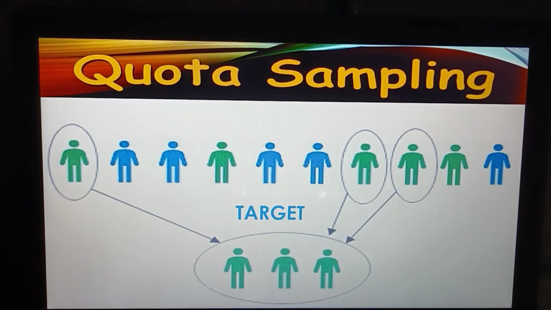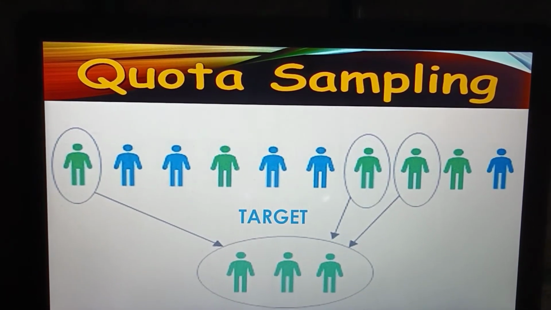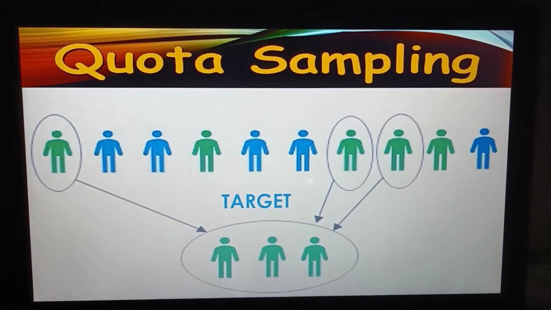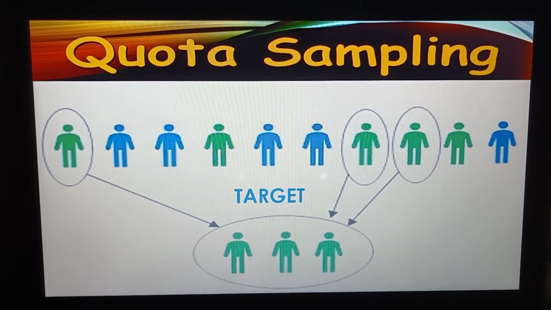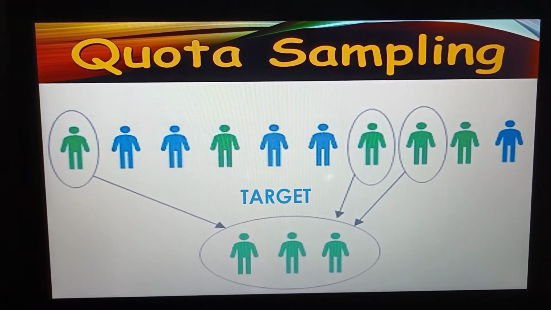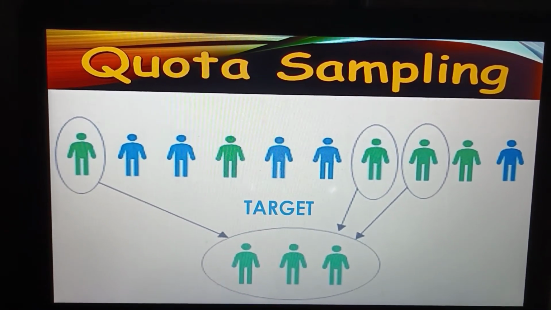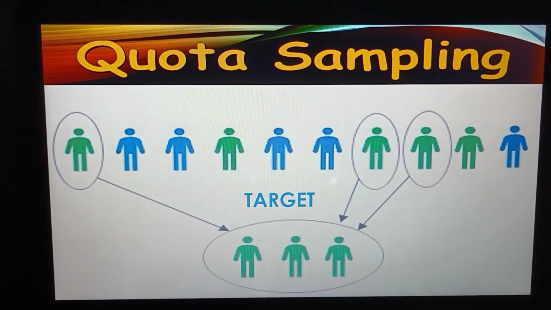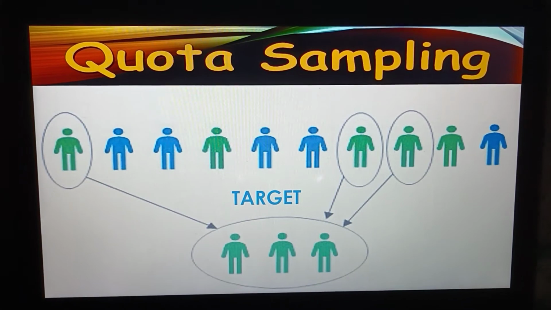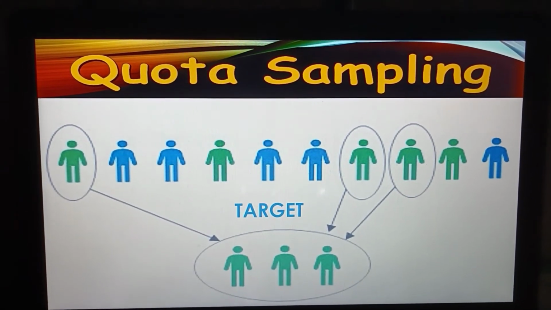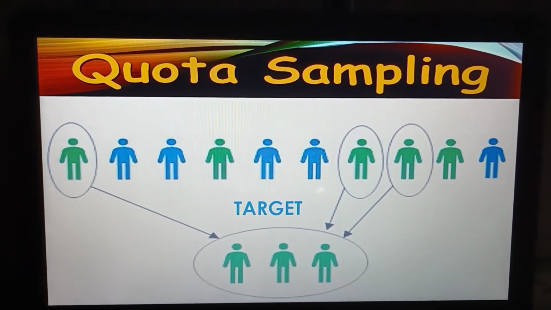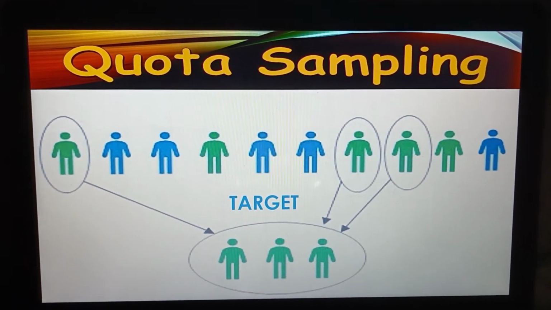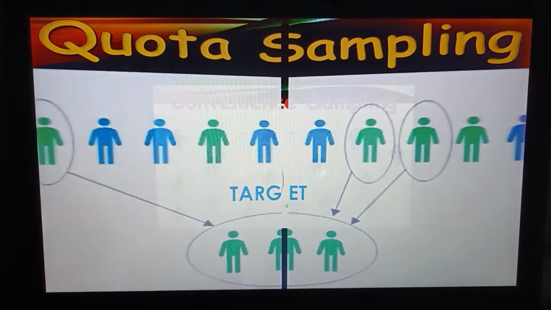To apply this, as a researcher I can stand at the gate, and distribute a survey form to the incoming grade 11 students until I accomplish my survey forms. That is what we call the quota sampling technique. The advantage of this is that it is time efficient, and the selection is not hard.